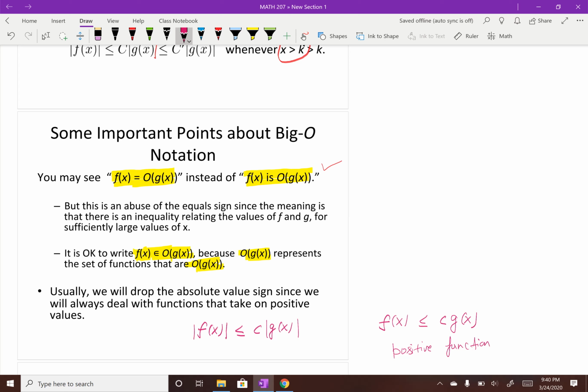The way they use this big O notation is mostly in the time complexity of algorithms, and time complexity depends on your input size, and your input size is always positive. Your complexity function is always going to be a positive function. Once you have a positive function, it doesn't matter whether you take the absolute value or not. So in computer science literature, we don't take the absolute value.